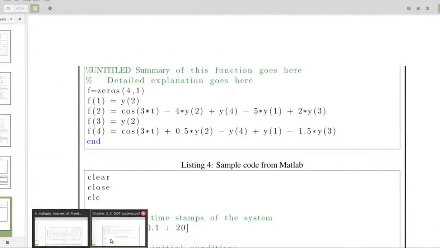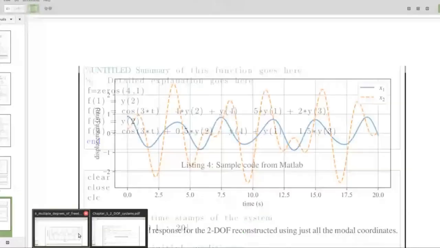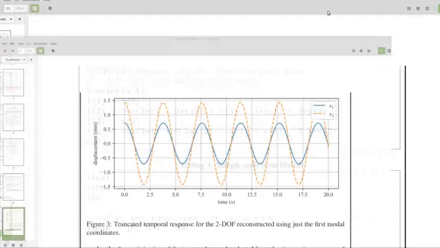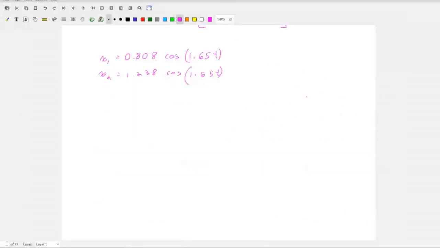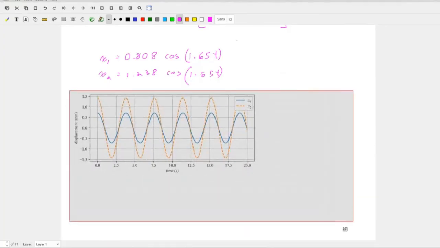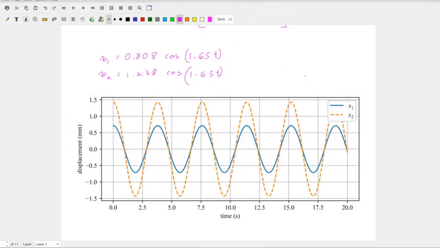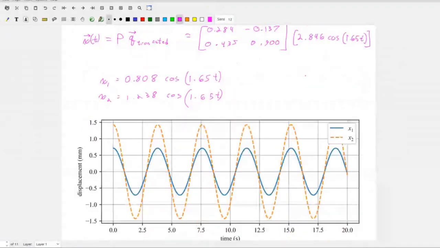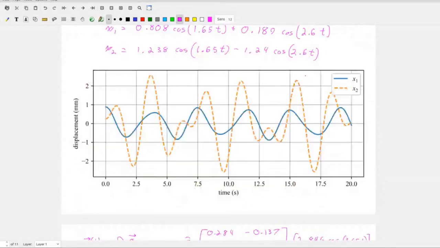So let's go ahead and pull in our next plot. Does that look like a simplified displacement of the previous plot? We still have the natural frequency. It's not displacing as much.